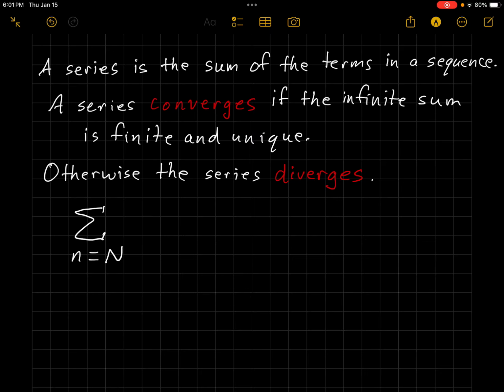So I'll just put a random big N. Unless otherwise stated, they're infinite. And it's a sum of the terms in the sequence. And this series will converge if the infinite sum is finite and unique. Otherwise, the series will diverge.